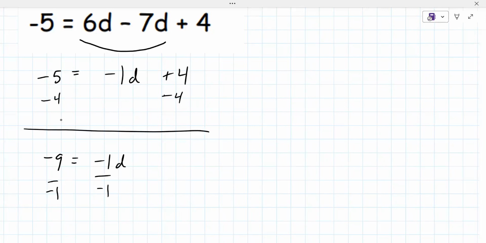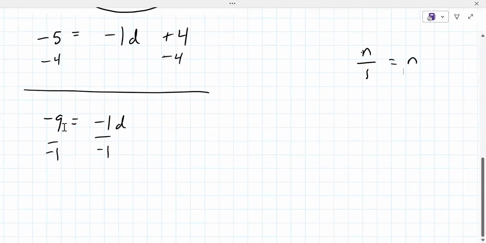Is something divided by 1 always itself? Well, yes, anything divided by 1 is itself, but you're not dividing by 1, you're dividing by negative 1. It's a small difference, but it's significant. So the answer would be positive 9, because in this case they're the same sign. If they're both negative, they turn into positive. Okay.